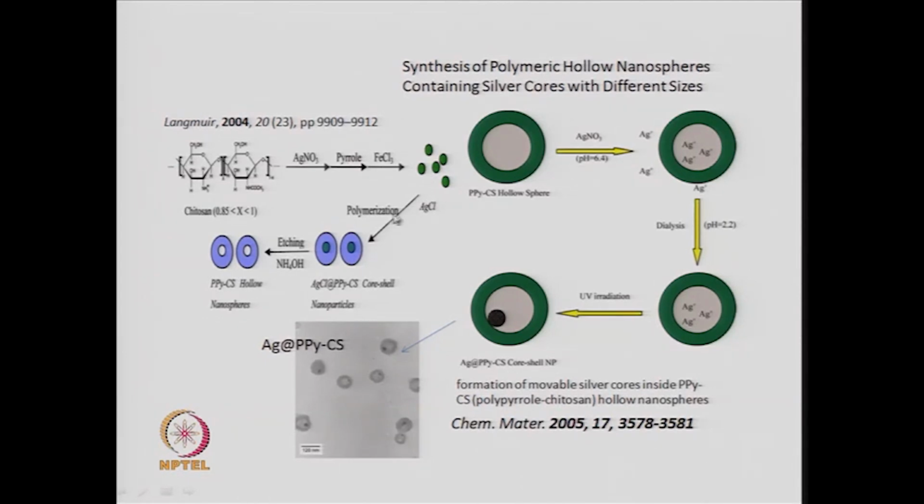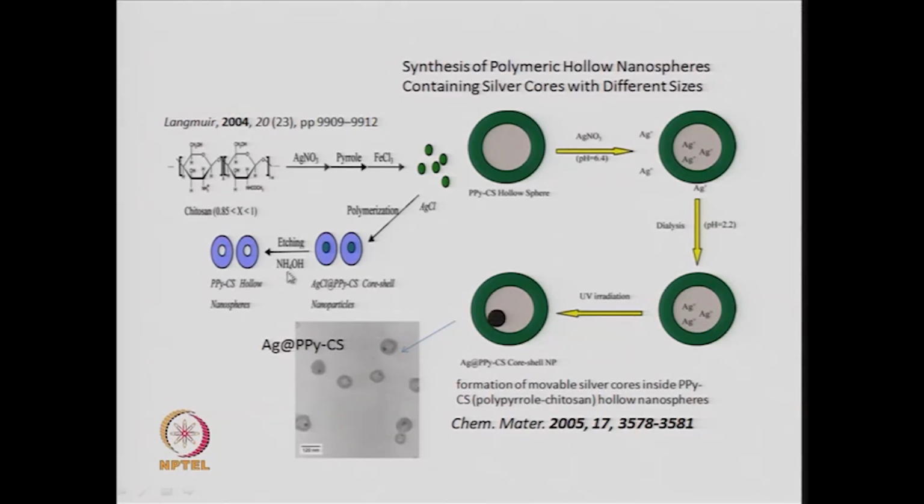Okay. And then you polymerize and you get the polymer with the chitosan forming a shell around silver chloride. So, first silver chloride forms, and then this silver chloride is inside, and this polypyrrole chitosan core shell structure is formed.